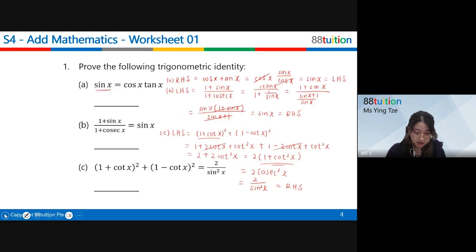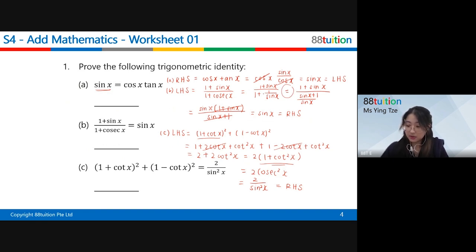One D. Okay, which part do you not understand? Which step? Step one, like from here onwards. Okay.